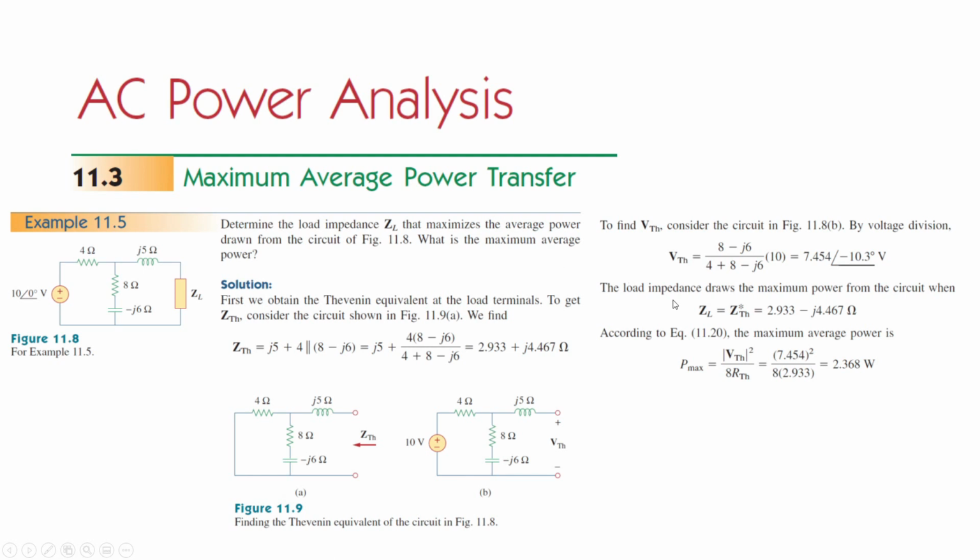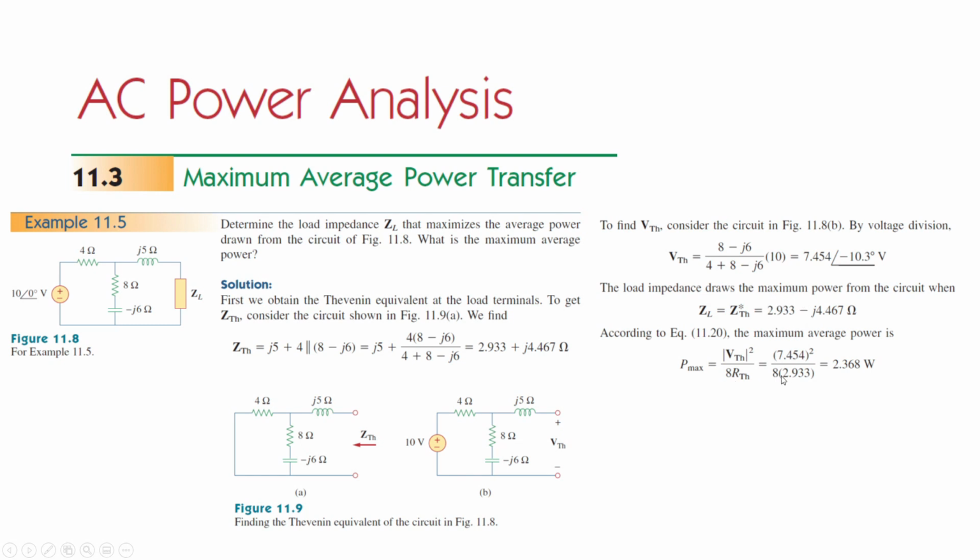Once we have these two, we can write an expression for the impedance ZL that maximizes average power, and that is the complex conjugate of the Z Thevenin. Z Thevenin is this one. So the load impedance that maximizes average power should be 2.933 minus j 4.467, and maximum power can be computed by using this expression where R Thevenin is this part of the Z Thevenin.